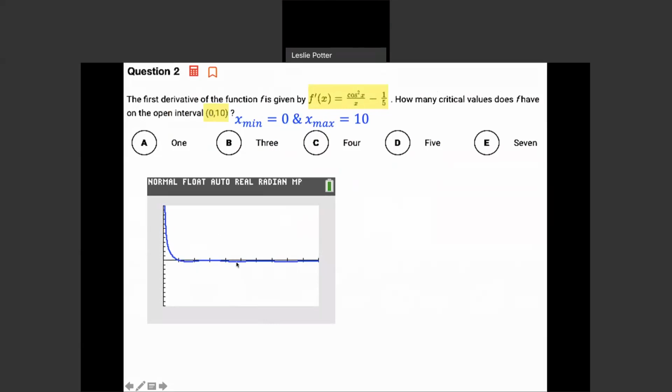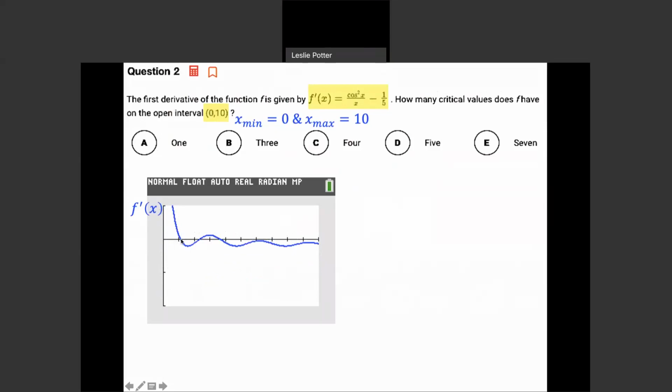Now, I can't really see a whole lot here because this y-axis doesn't have enough resolution to it. So I'm going to zoom in here. And so I zoomed in, and now I can start to see that it is crossing the x-axis. I'm going to zoom in even more. So my axis from 0 to 10, my domain, my range is from -2 to +1.